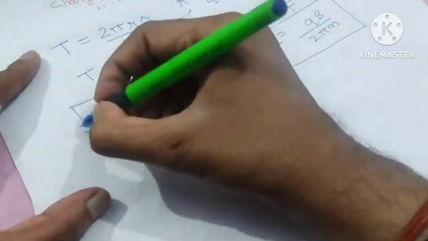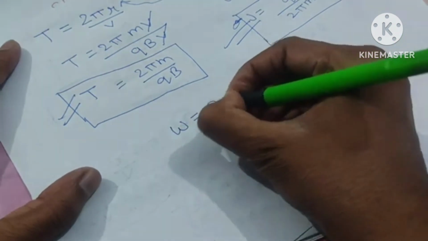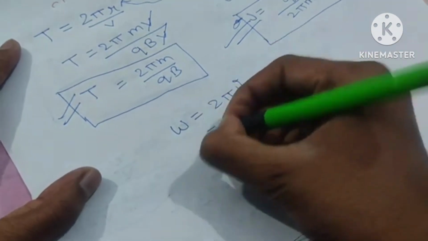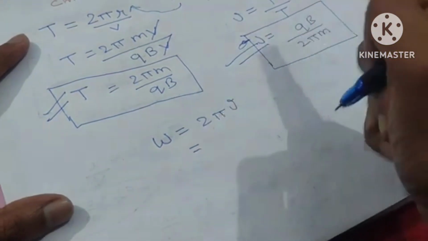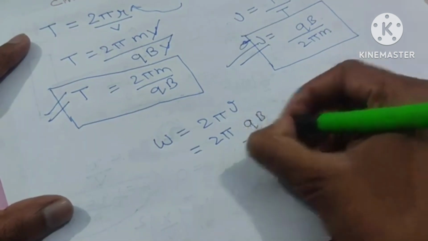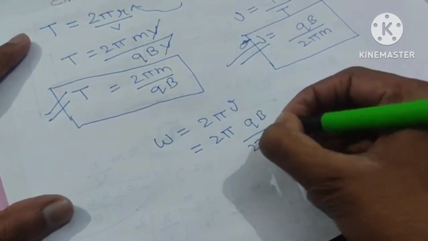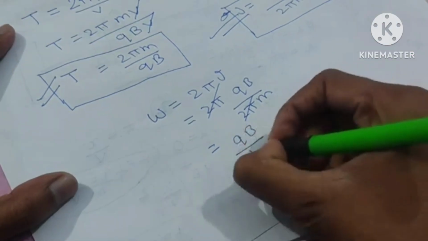Now move on to angular frequency, which is 2π times the frequency. We put the frequency value here: frequency is equal to qB by 2πm. The 2π will be cancelled, and what is left is qB by m.